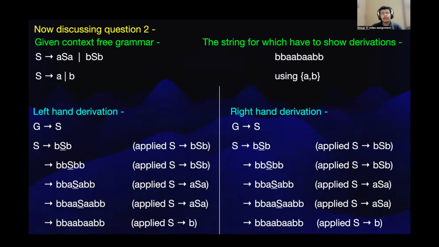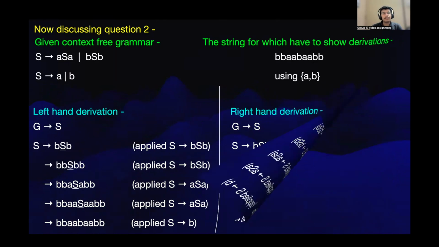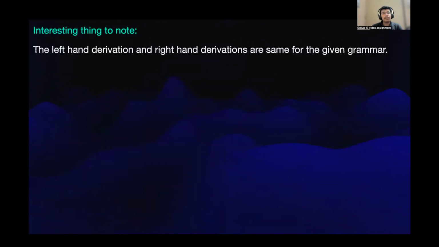Again we applied S converts to BSB, then S converts to ASA, then S converts to ASA again, then finally S converts to B. So we finally get the string BBAABAABB as desired. We have already discussed that the left-most derivation and right-most derivation are the same because S at every step is both the leftmost and the rightmost non-terminal.